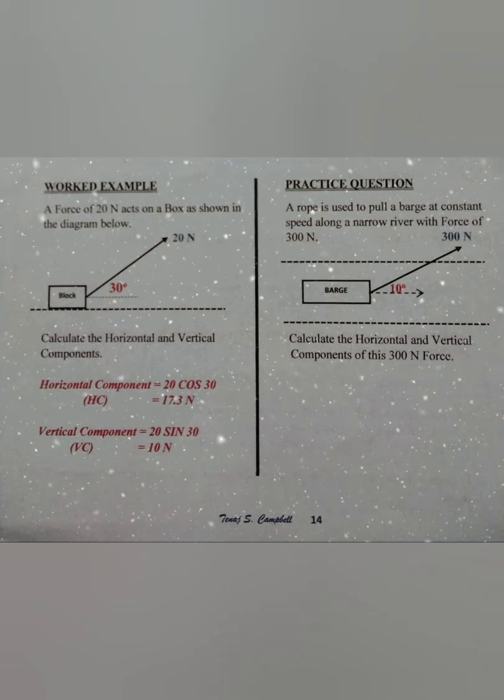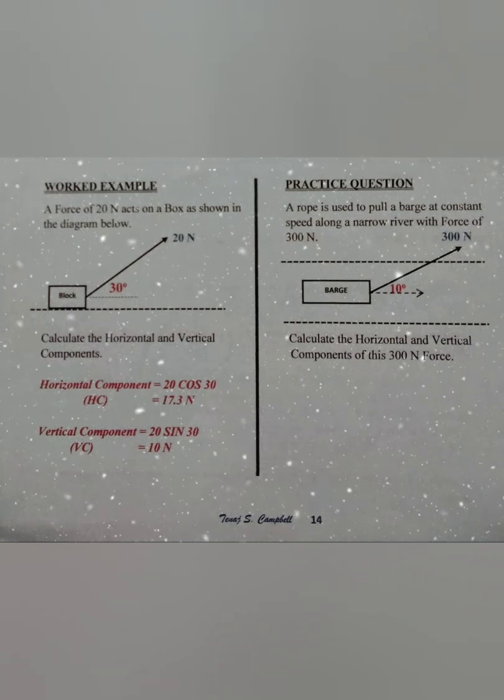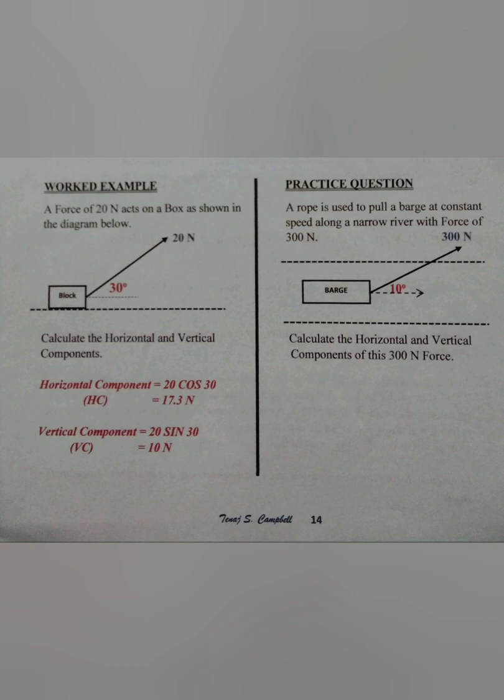Let us take a look at this worked example that is alongside this practice question. The worked example reads that a force of 20 newtons acts on a box as shown in the diagram below. Calculate the horizontal and vertical components. As you can see, the horizontal component is equal to 20 cos 30, where the 20 is the vector and the 30 is the angle, while the vertical component is 20 sine 30.